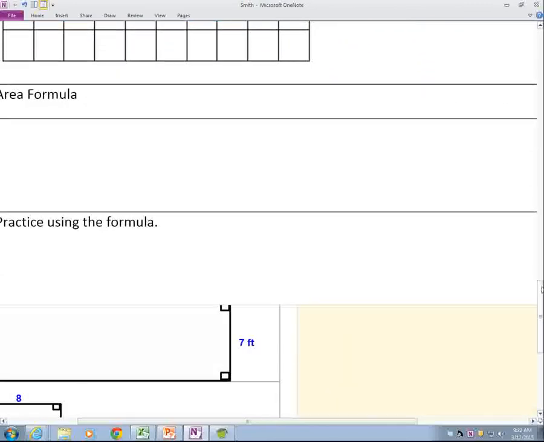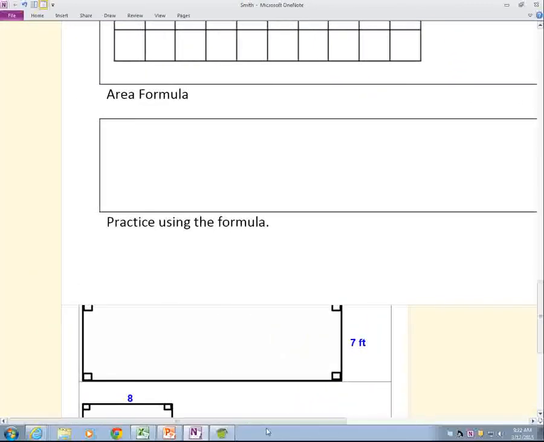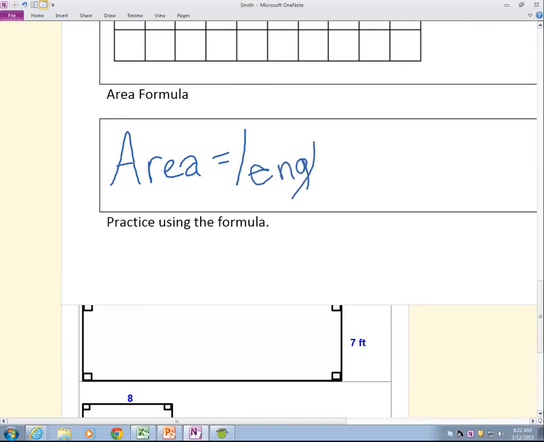Okay, now the formula for area is this. Area equals length times width. Area equals length times width.